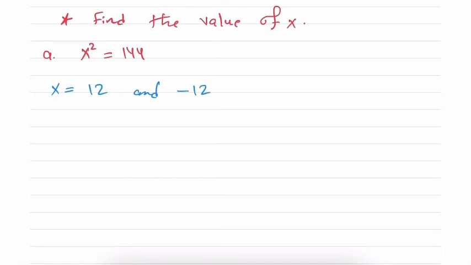Also, if we have x power 2 equals 64, this means that x equals either 8 or negative 8.